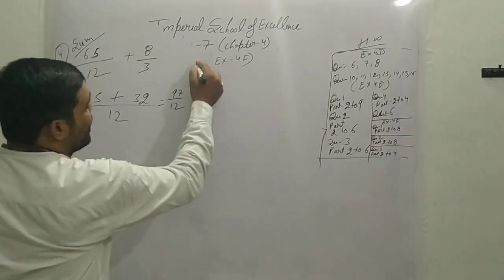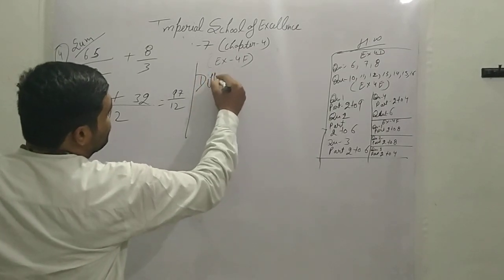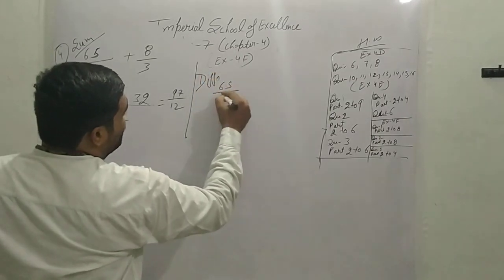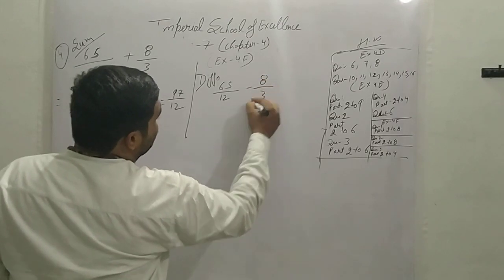Now this is the sum. Now you have to find the difference. 65 upon 12 minus 8 upon 3.